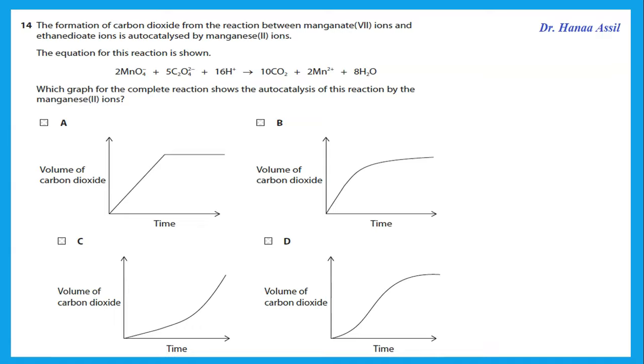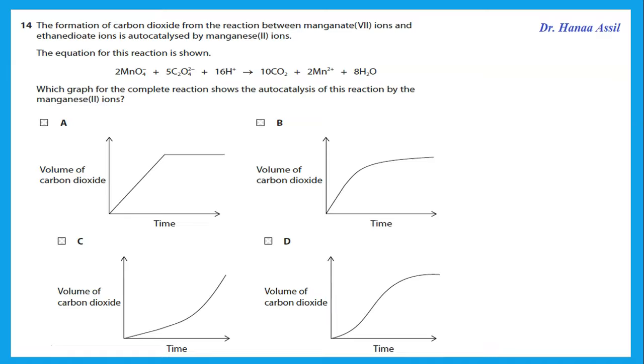So at the beginning, the reaction is slow. But then, as the Mn2+ is being formed, the presence of the Mn2+ acts as a catalyst for this reaction, so the reaction speeds up. And then at some point all the reactants have been used up, so the reaction will finish.